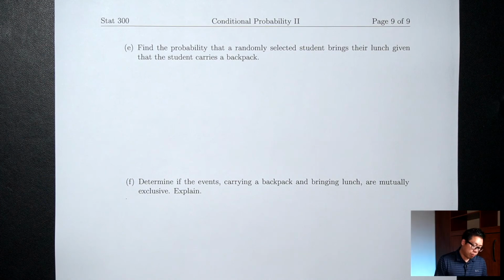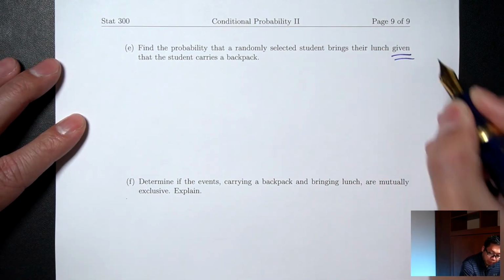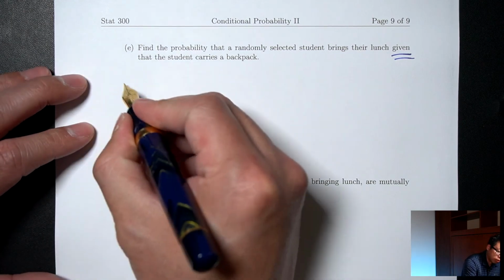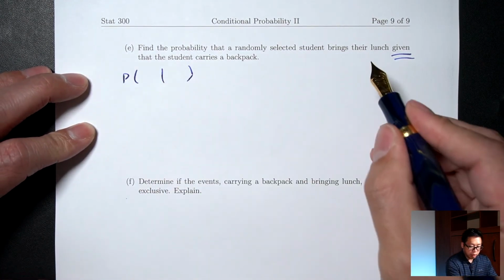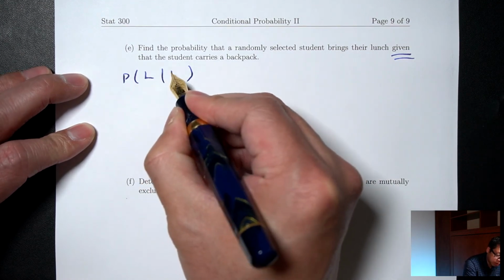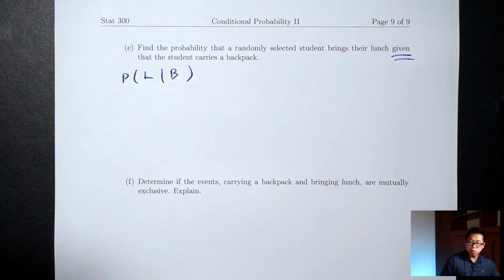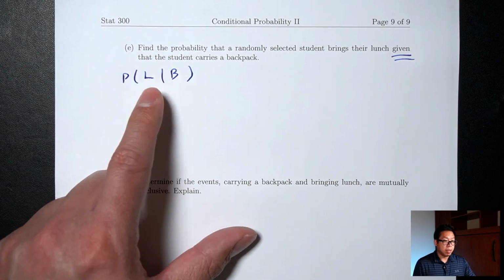Part E, find the probability that a randomly selected student brings their lunch, given that the student brings a backpack. The keyword there is the word given, so this is a conditional probability. We're looking for lunch given backpack, so L given B. Looking at my 3 equations, which one has L given backpack in that order?